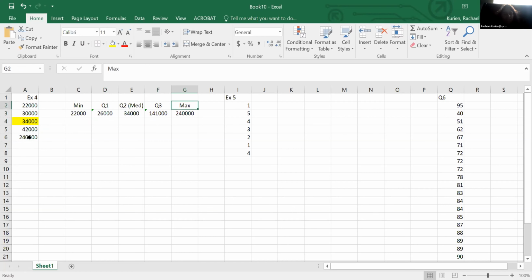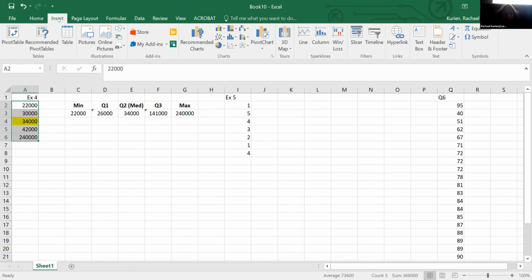So here we have the 5-number summary. And so if you wanted to create a box plot, all you have to do is again highlight it and then go to insert. And we're going to hit this little box at the bottom.